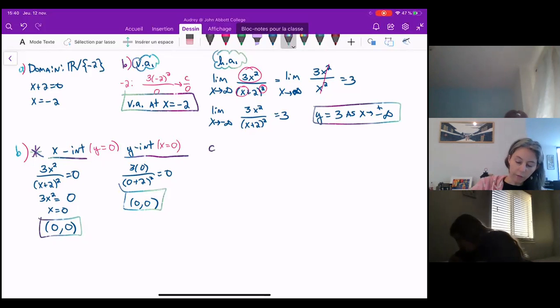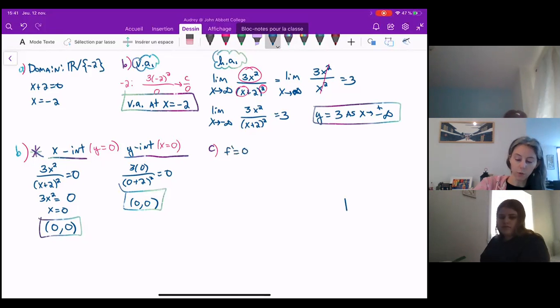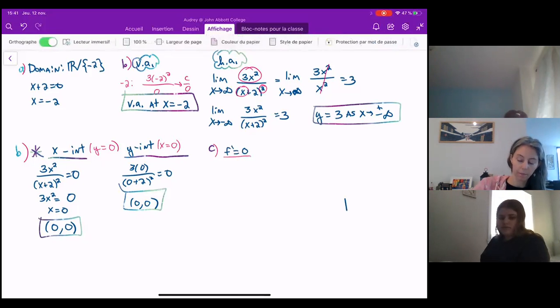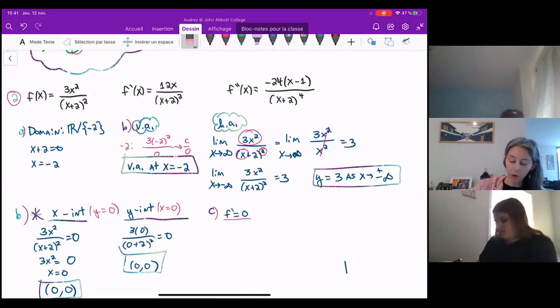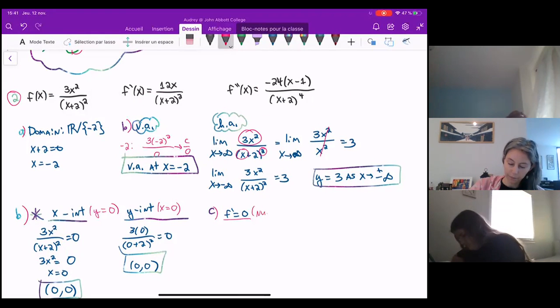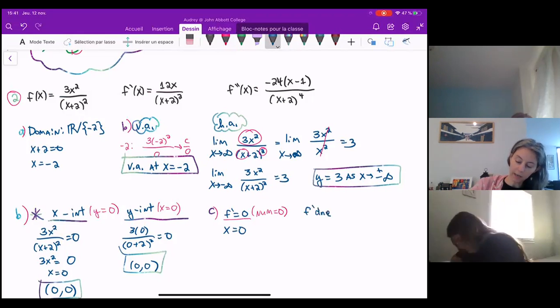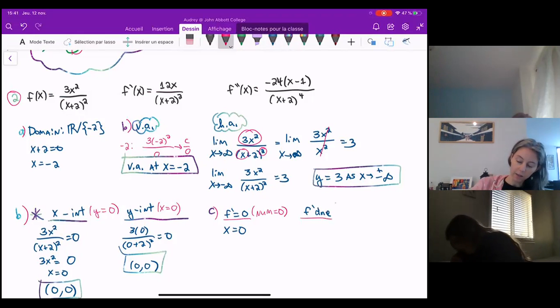Okay, so then for C, we're setting up our interval using our critical values. So I'm looking at f prime is equal to 0, which is like taking the numerator of f prime and setting it equal to 0. So that would give me x equals 0. And then f prime does not exist is like setting the denominator equal to 0.